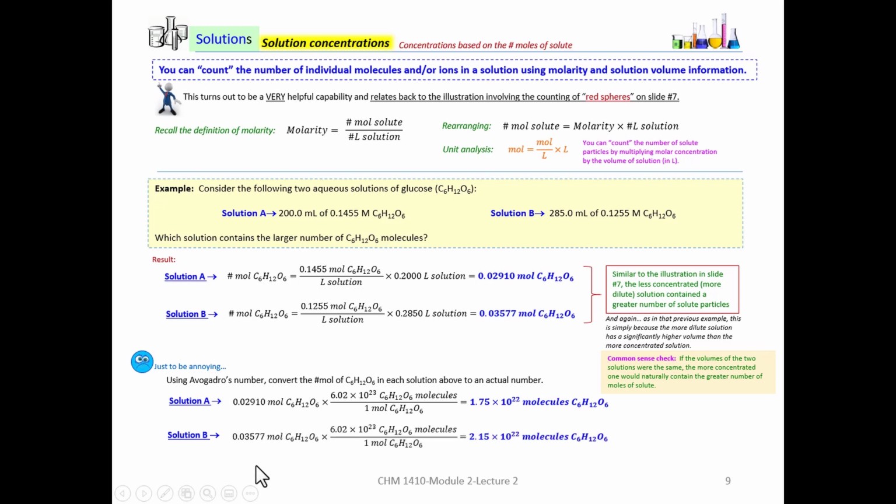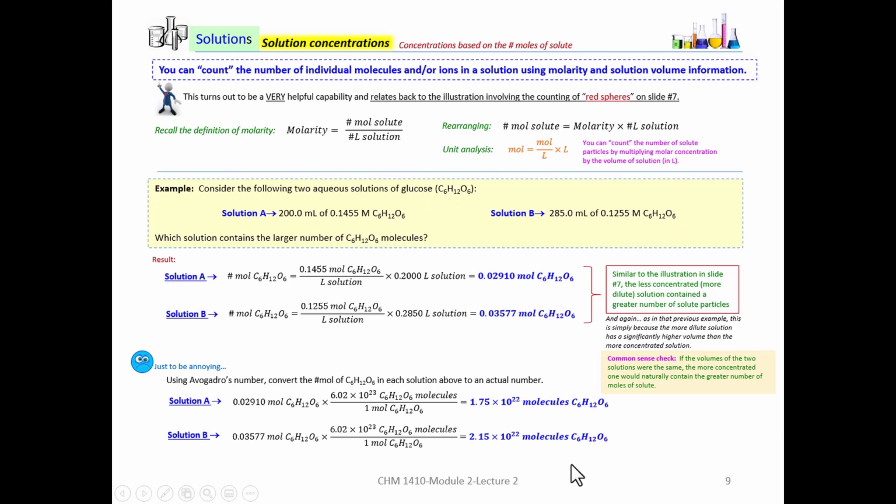Solution B, we take 0.03577 moles of glucose, multiply by Avogadro's number, and get 2.15 times 10 to the 22nd molecules of glucose. I hope I've been calling this glucose through this whole problem. If I haven't, my apologies.